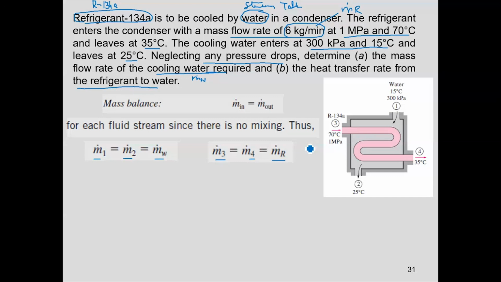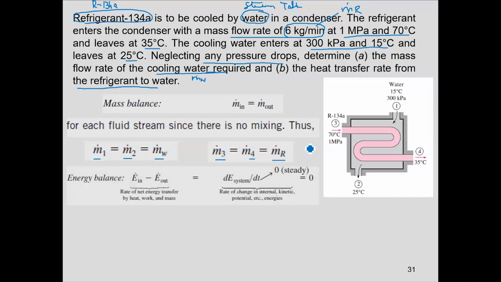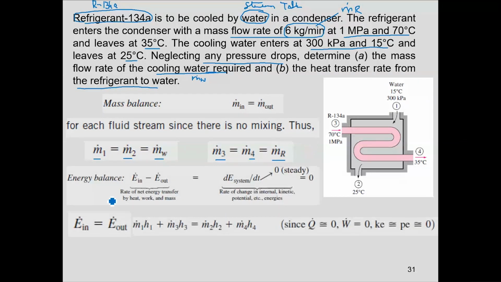Now, with this mass flow rate, you have the energy balance equation, which says the energy coming from water and refrigerant entering the system is equal to the water and refrigerant leaving the system. If I combine the water terms on the left hand side, I would have m dot 1 h1 minus m dot 2 h2.